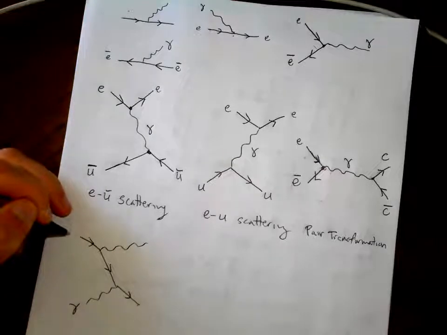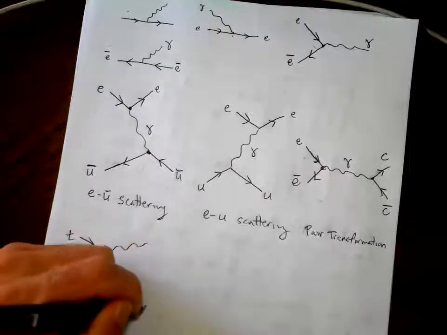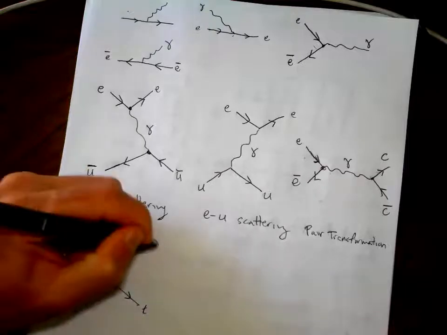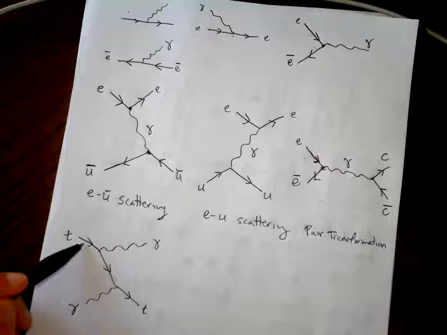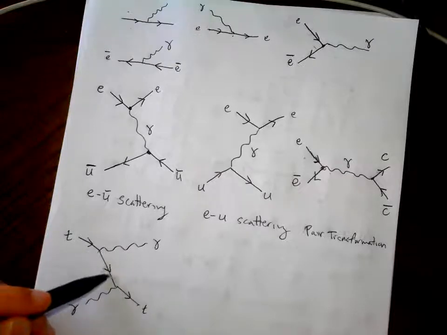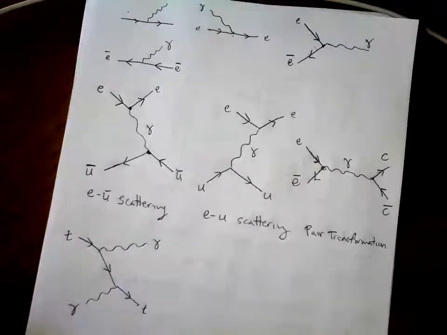Let's say that this is a top quark, and that's a top quark, and that's a photon. So what do we have here? We have a top quark, spits out a photon, and then later on it absorbs a photon like that.